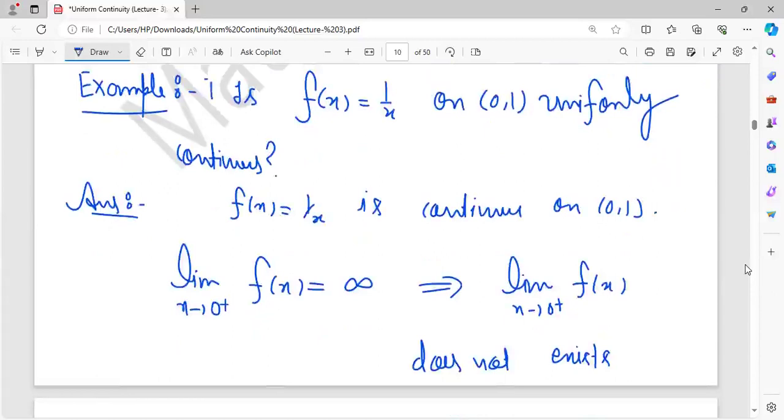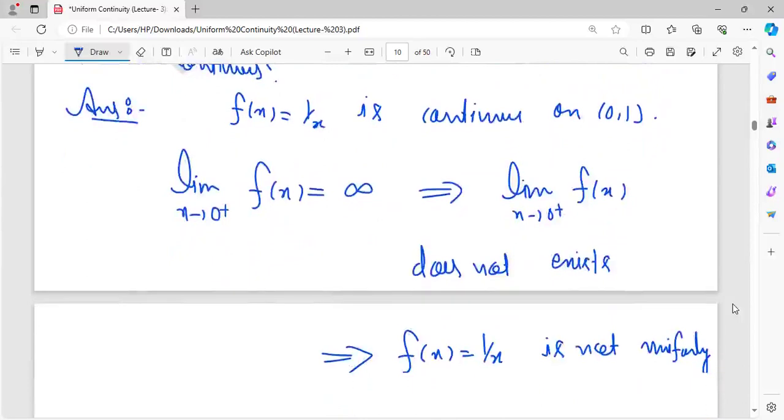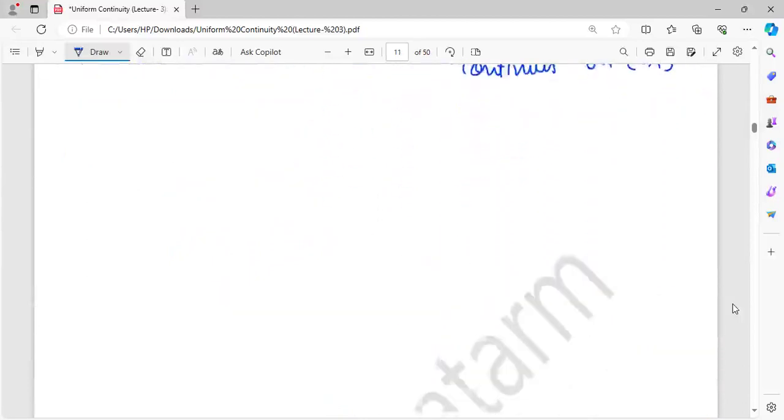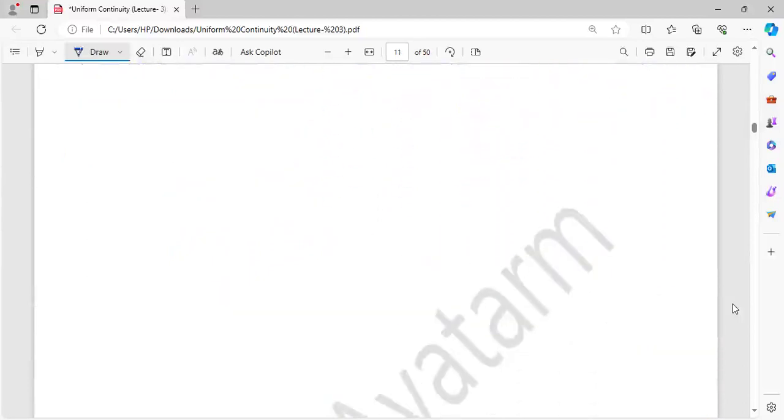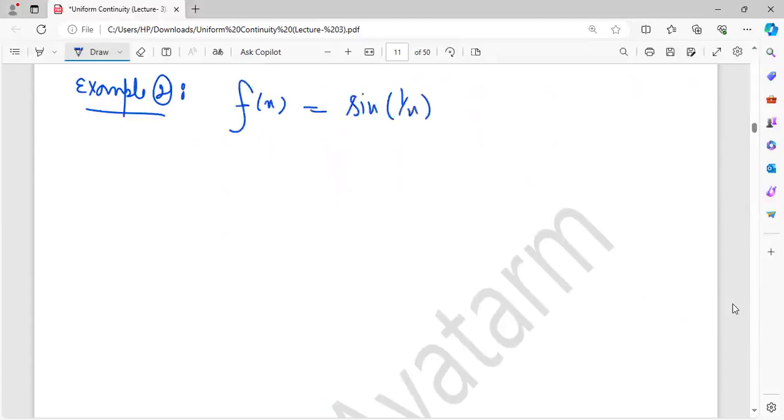Okay. So now we see the second example: f(x) equal to sine 1 upon x on open interval 0, 1.